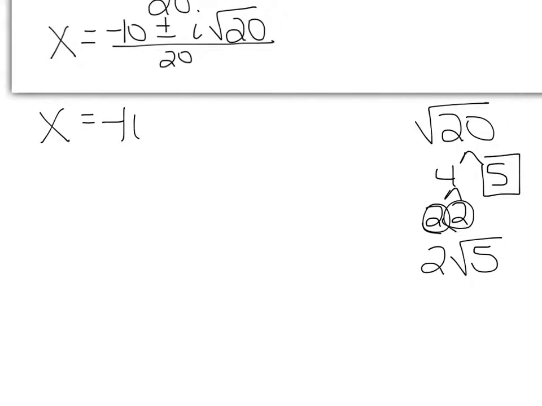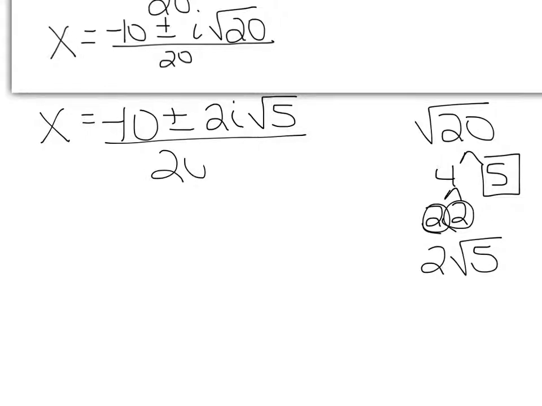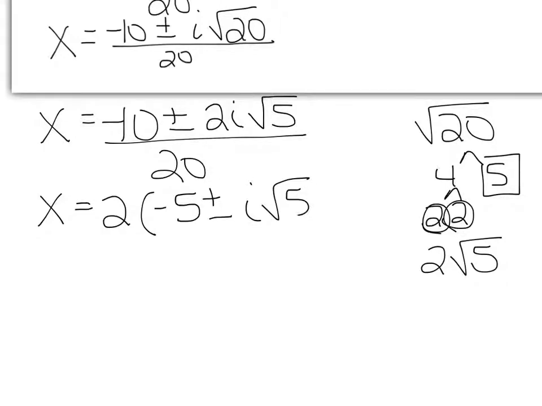So I have x equals -10 plus or minus. Now don't forget about your i that you have outside the radical. So I have a 2 outside the radical and an i outside the radical. So it's 2i square root of 5 all over 20. Now you can reduce this if you factor a 2 out of the numerator. So I'm going to factor a 2 out, leaving me -5 plus or minus i square root of 5 all over 20.